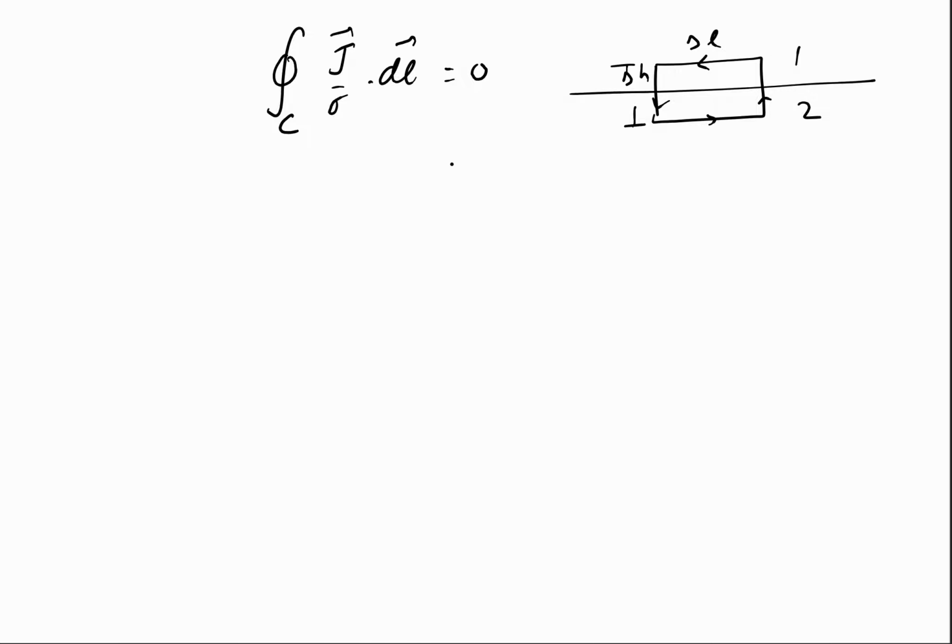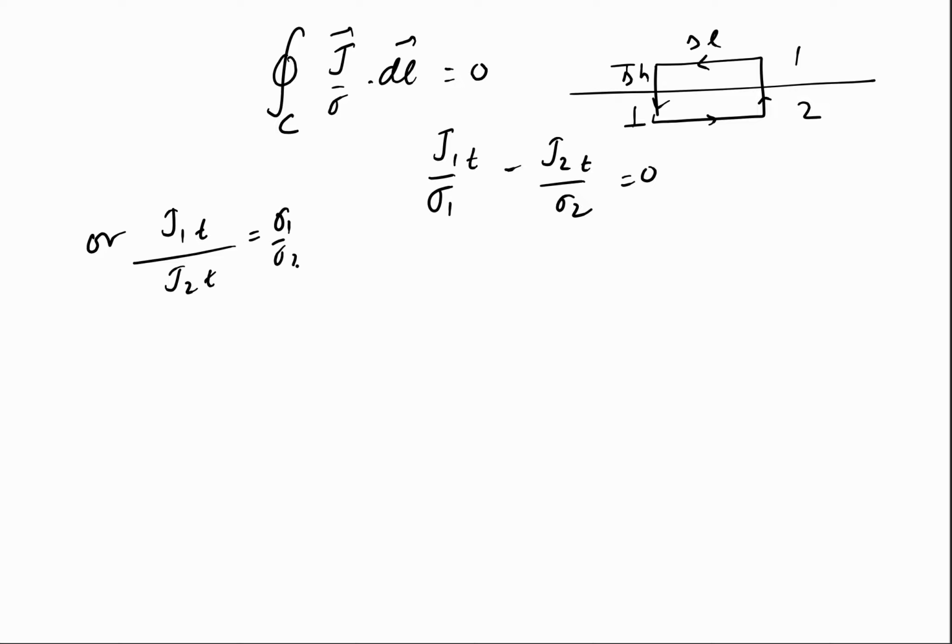So similarly, I can write J1 over sigma 1, the tangential component or the component along this delta L, minus J2 tangential over sigma 2 is equal to 0, or J1t over J2t is equal to sigma 1 by sigma 2.